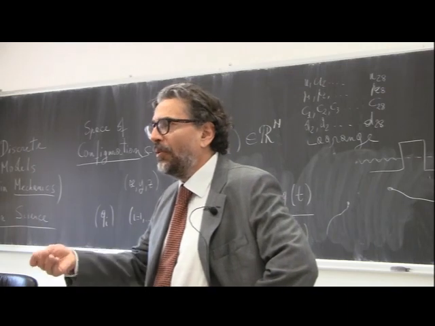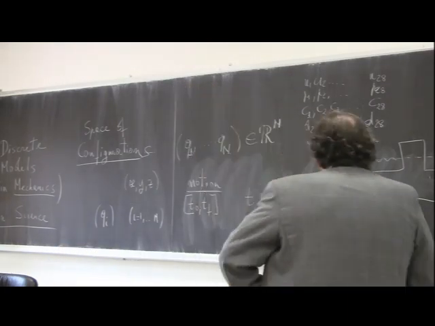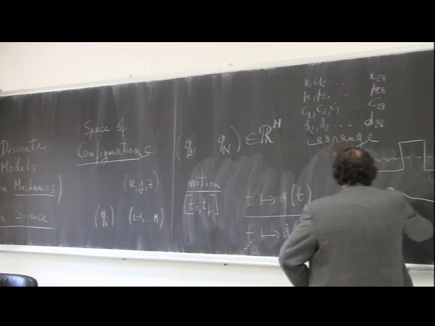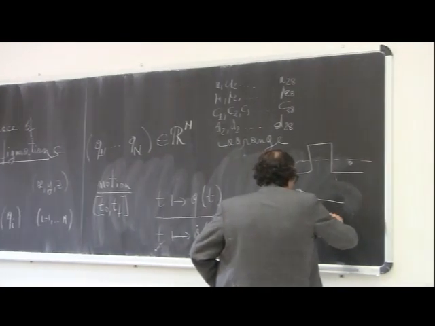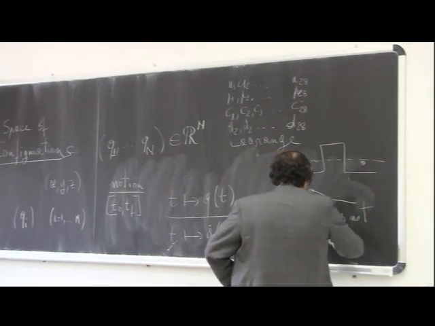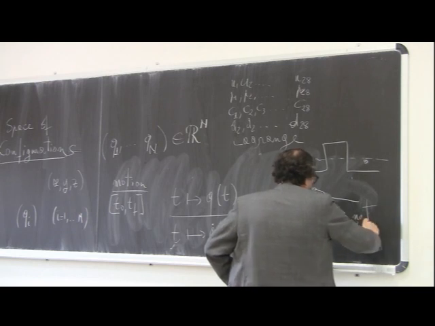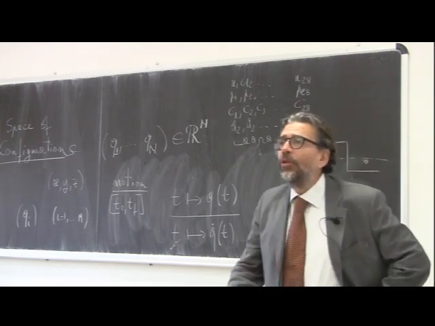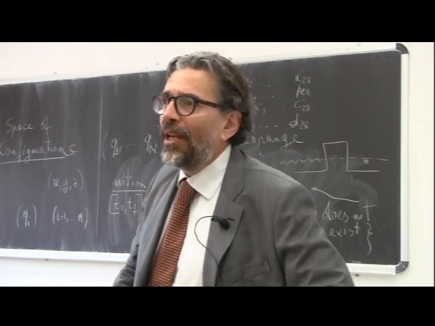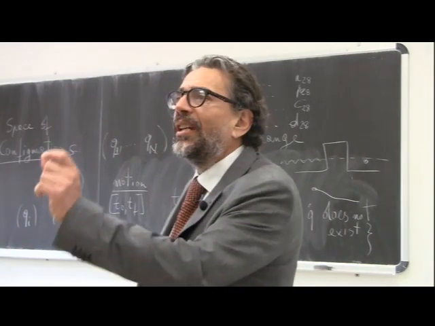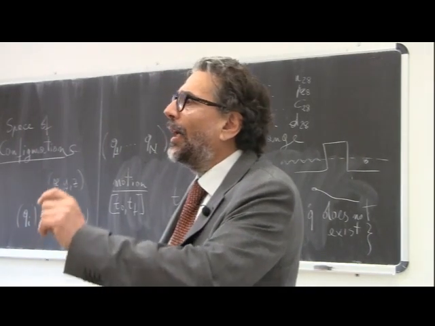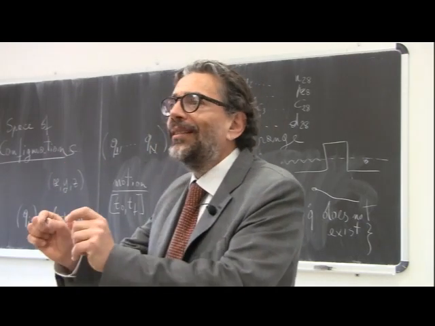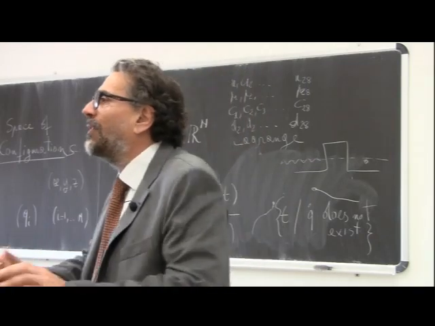What it means almost everywhere? The set of t such that q dot does not exist is called to have 0 Lebesgue measure if you can cover it with a union of intervals whose total length is smaller than epsilon for every epsilon.